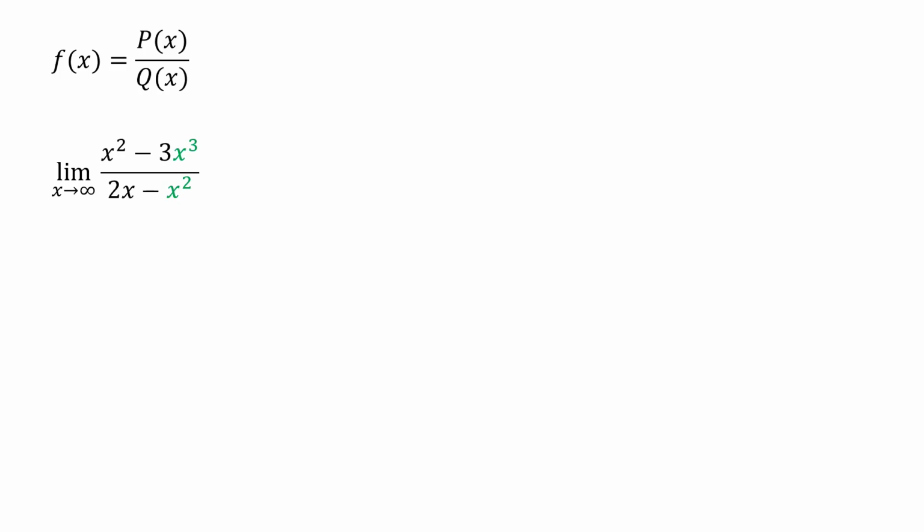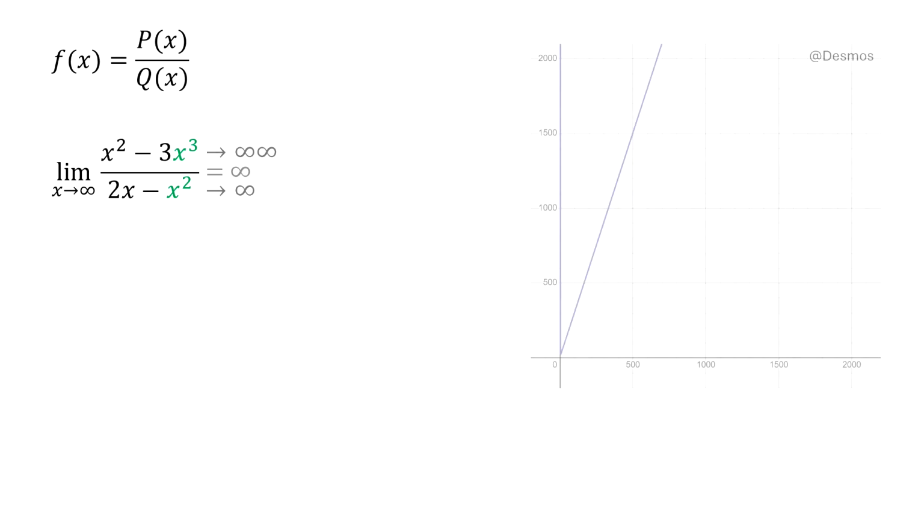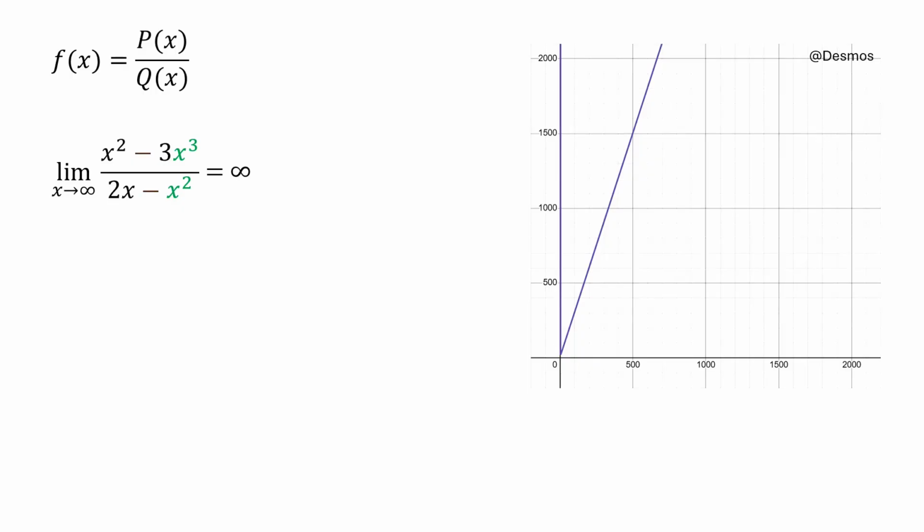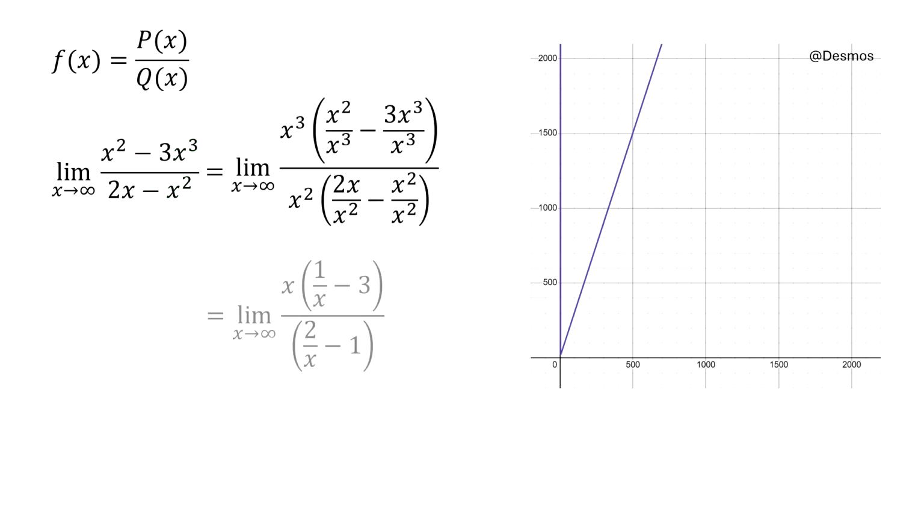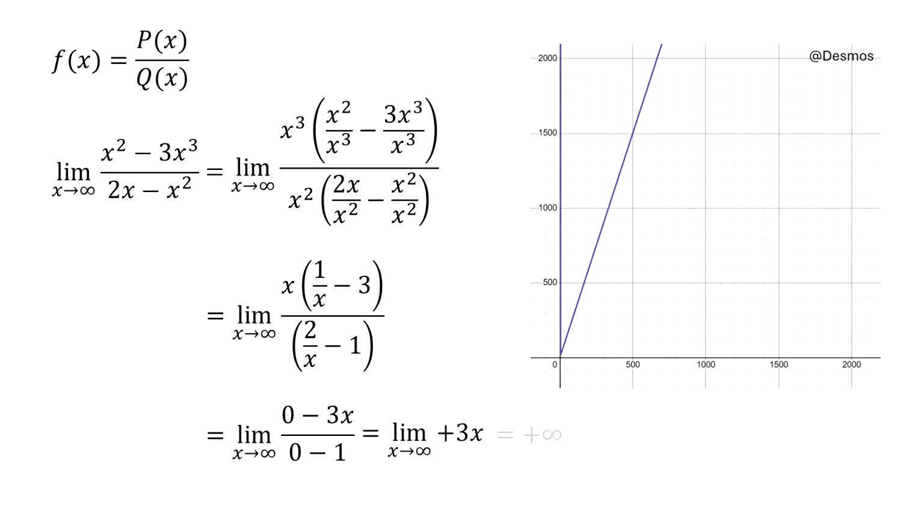The limit is infinity, as expected, because p grows faster than q. Our last rule. But be careful. The highest coefficient in both polynomials is negative, which gives a positive sign. You can also factor it, simplify, treat the inverse of infinity as 0, and see the positive sign when x goes to infinity.